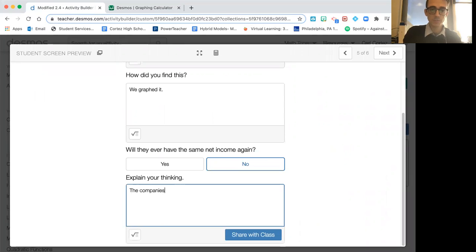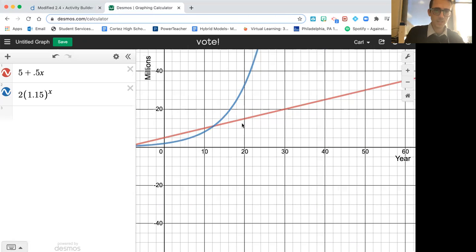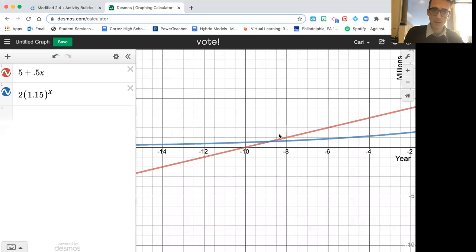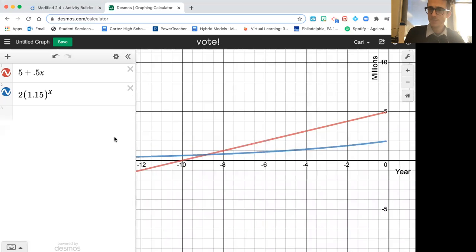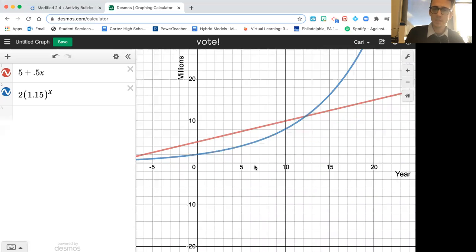The companies just intersect at one point when the X values are positive. Because we can't go back in time, right? I mean, look at this thing. They do intersect way back here, but I don't know. Do you care about 8 years in the history ago before the brand even starts? It doesn't even make sense. So it's only going to happen one time. Okay.